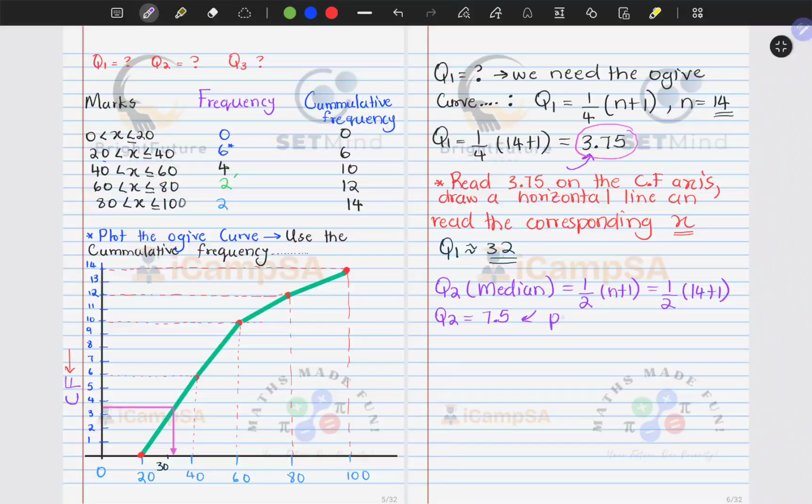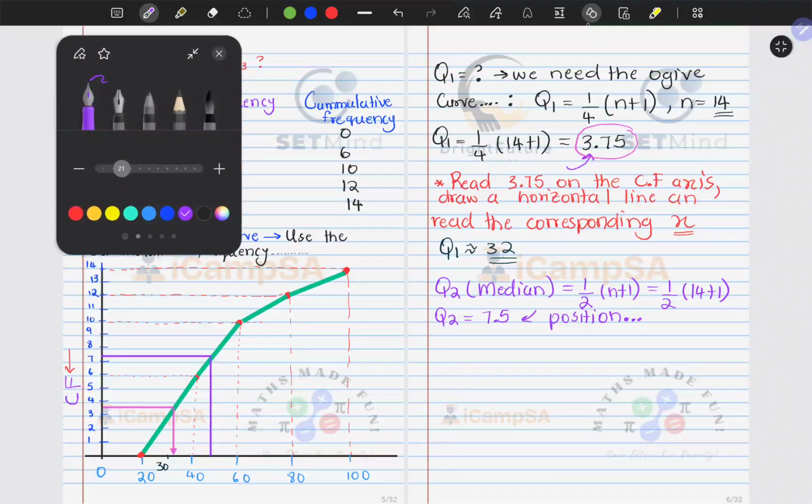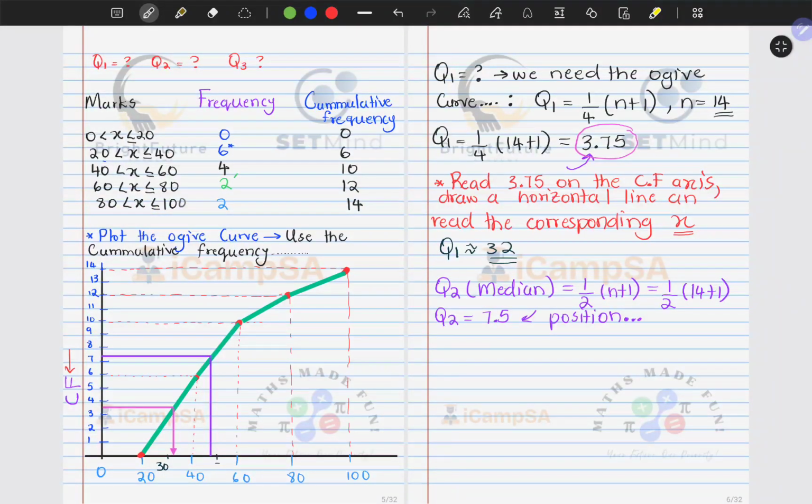Remember, what we are finding when using this formula is the position. So I'm going to look for 7.5, which is between 7 and 8. Draw a line, then draw another one coming down like that. What you would know obviously is that at this point here, you'd be having a 50.